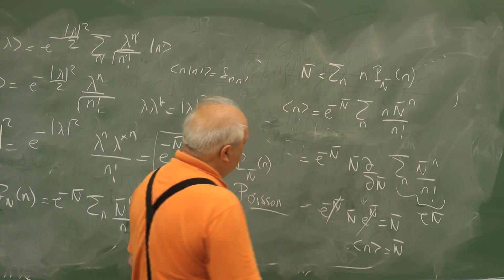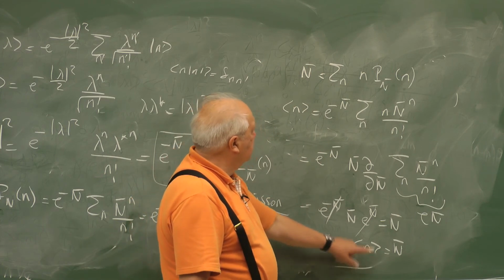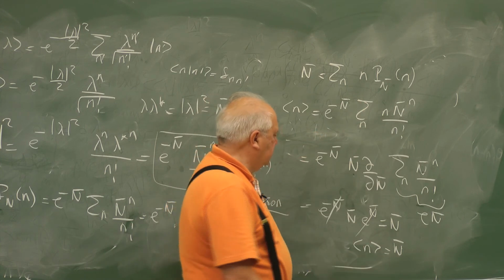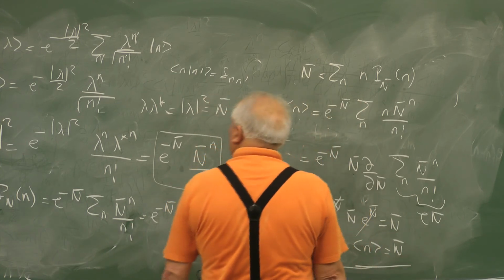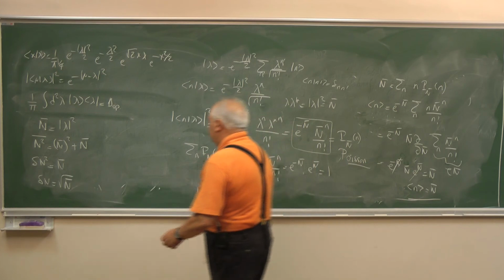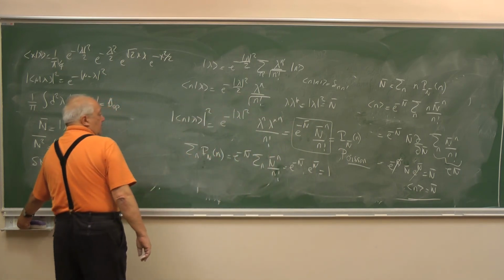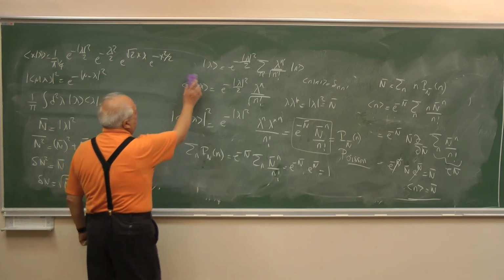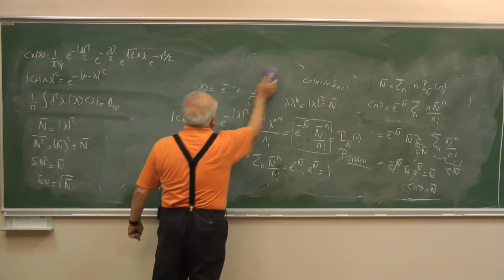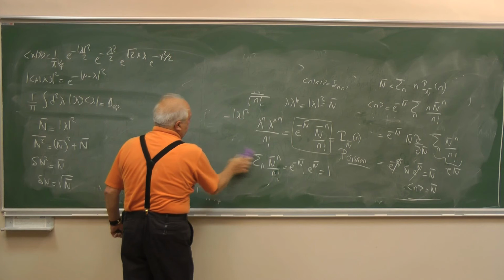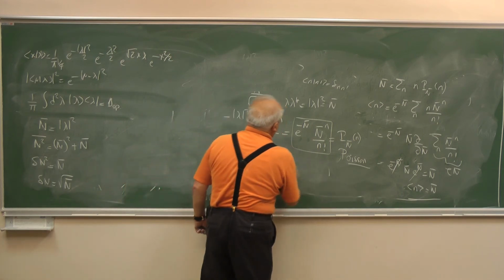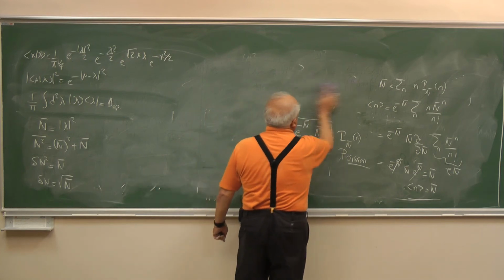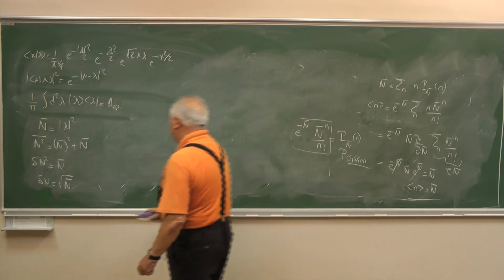Namely, if we are calculating the average of excitation by the Poisson distribution, the average is n bar. Let me erase. I don't need the explicit forms anymore. Once I have the Poisson distribution, basically I'm done.